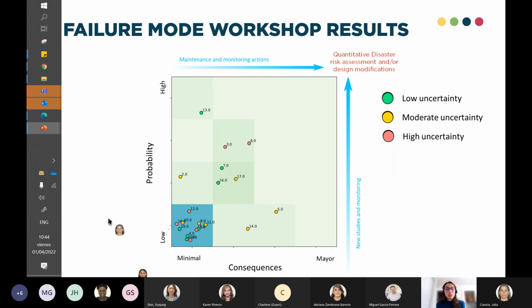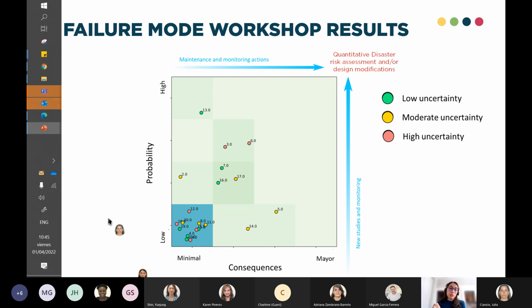And this graph joins these three aspects. The probability is on the y-axis. At the bottom, you have low probability, and at the top is high probability of the failure mode happening. Then on the x-axis, you have the consequences.